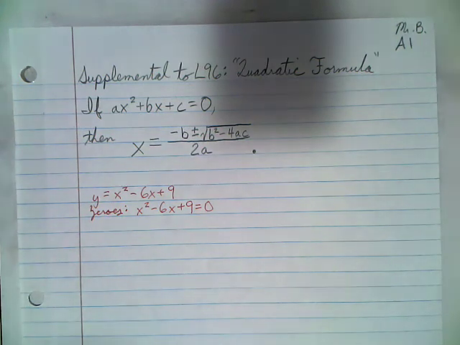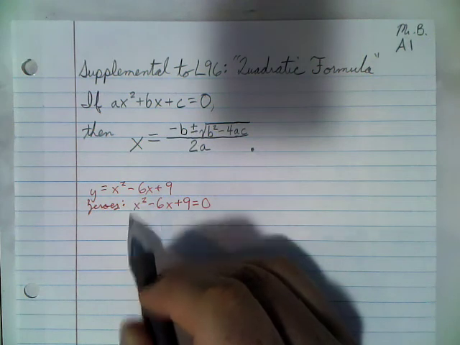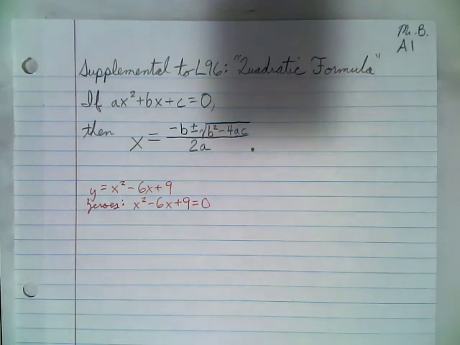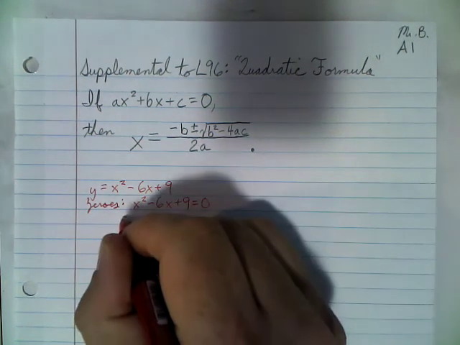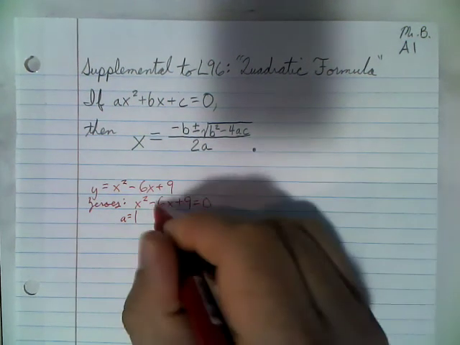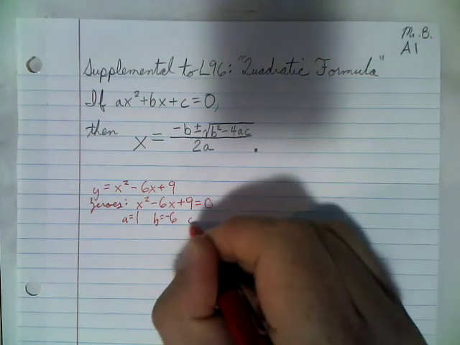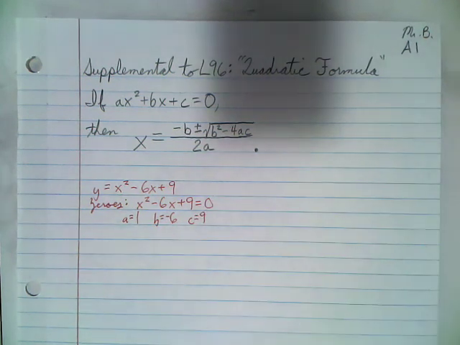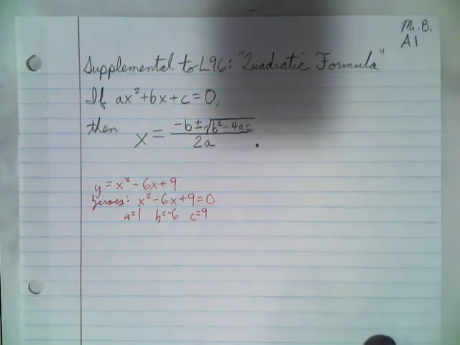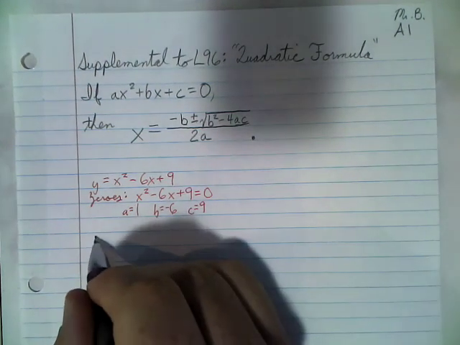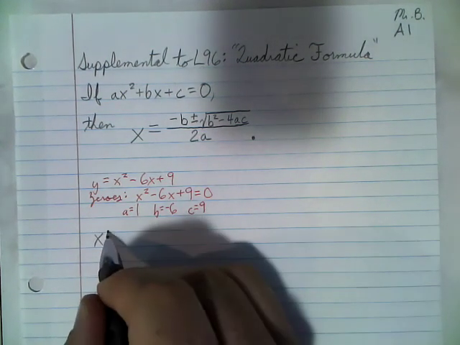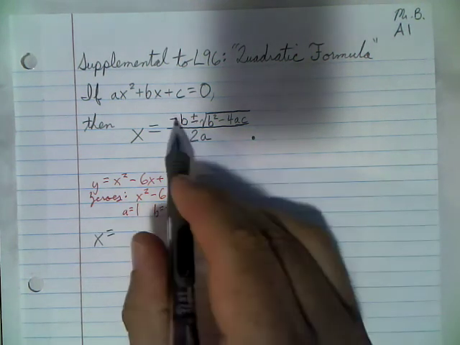So this means that my a is 1. So a is 1. This means that b is a negative 6. It means that c is 9. So therefore, my zeros are going to be at x equals a negative b.